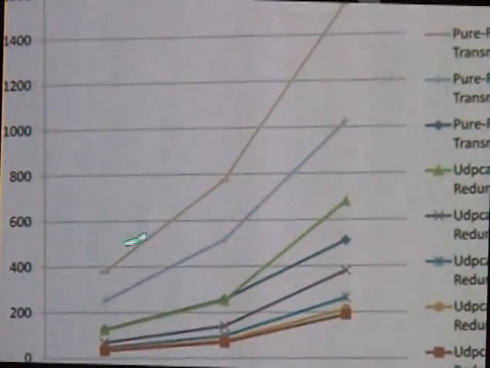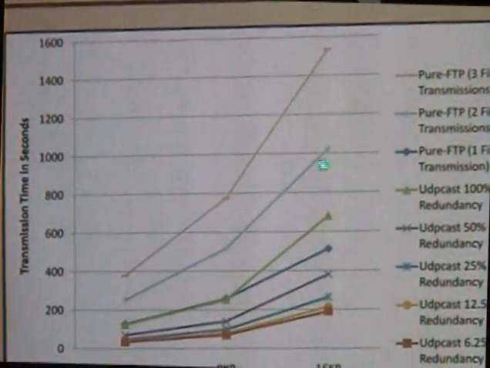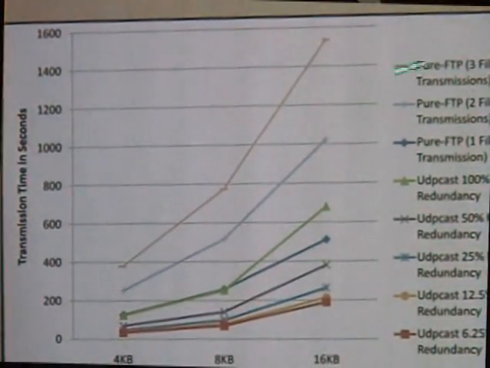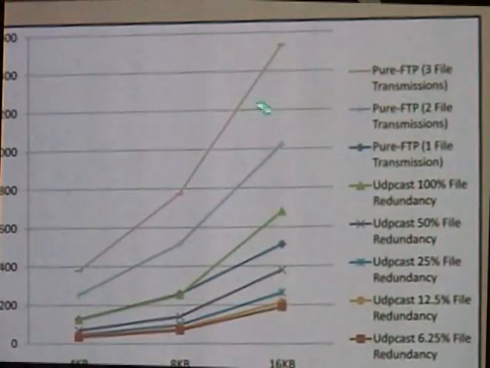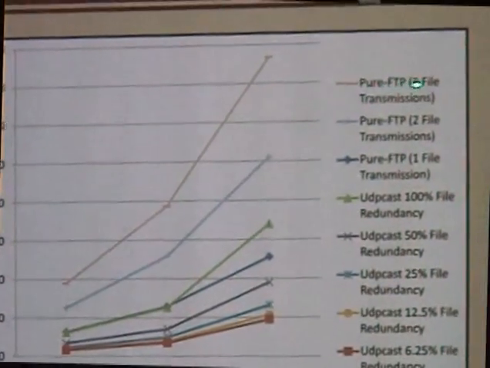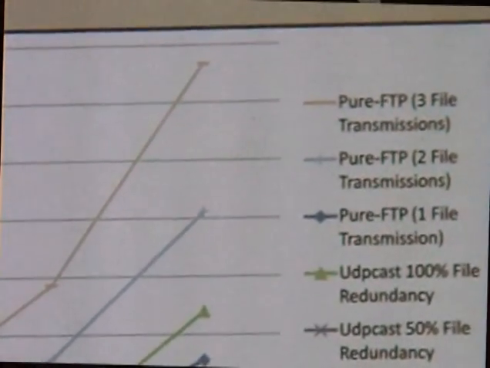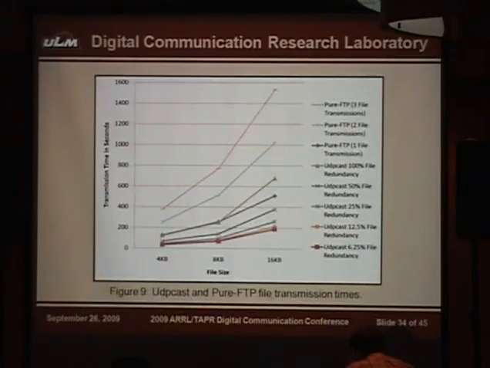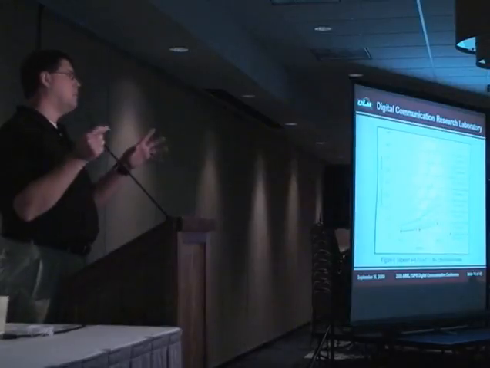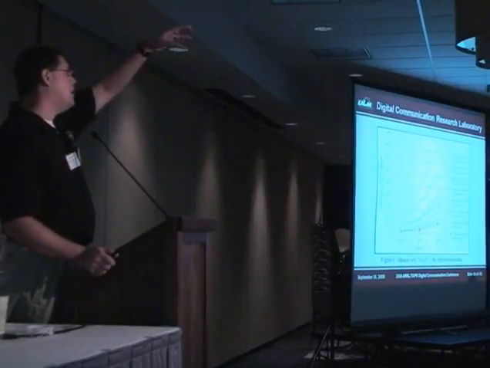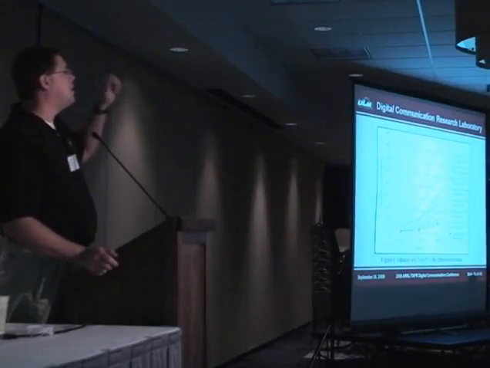These up here then represent the pure FTP transmissions. Now, this line, this pink one here with triangles, represents pure FTP, and it says 3 file transmissions. Now, if you recall back at the beginning of this presentation where I had shown the 4 sites, Site 1, Net Control, Site 2, and Site 3, and I said with a unicast, you have 1 file transmission, you have 2 file transmissions, and you have 3 file transmissions.